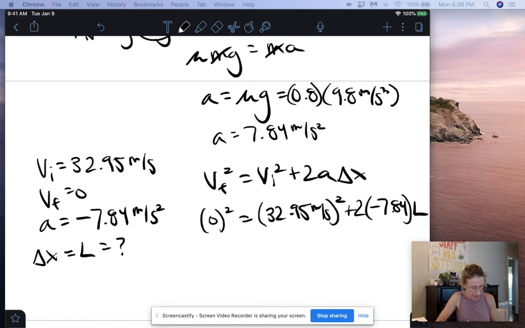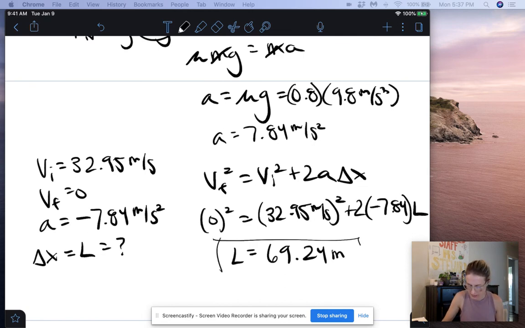And then we divide by a negative 2 times 7.84, and we end up getting that our L distance is 69.24 meters. And that's going to be the distance that it takes that glider to slide to a stop in that frictional area.